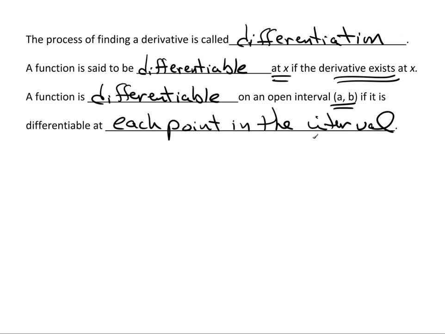If it's an open interval, there's an infinite number of values between it. So really, to determine if a function is differentiable on an open interval, we're not going to find the points where it is differentiable. We take the opposite approach. We look to see if it's non-differentiable, if the derivative does not exist anywhere from a to b. If there's no place in here that it does not exist, then we come back and say, well, then it's differentiable on the open interval. Because clearly you can't check an infinite number of possibilities.